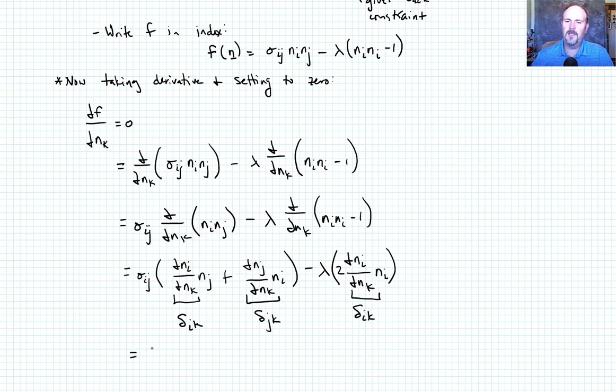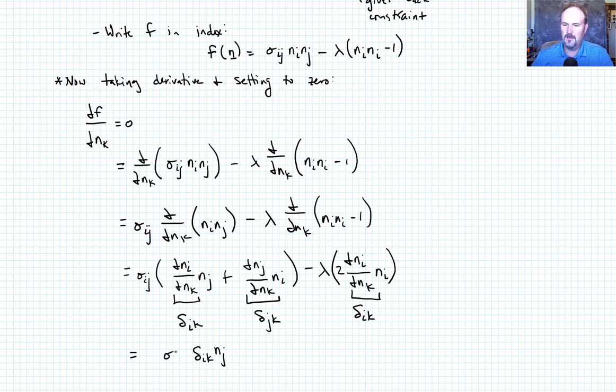So we could then go in and write, now in simplified form, sigma ij times delta ik nj. And I'm going to go ahead and distribute the sigma through here. Let me write that out.